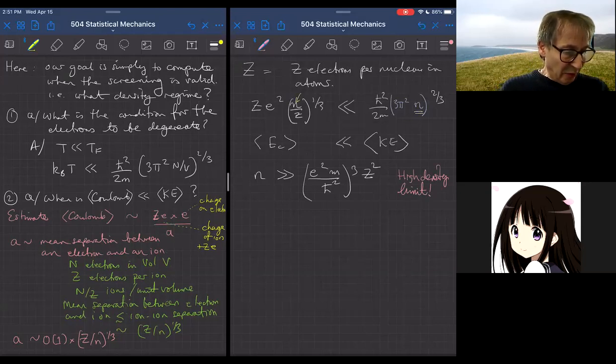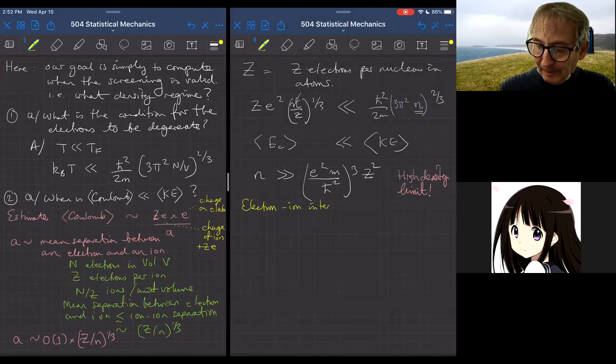And so what that says is that the electron-ion interactions are going to be small at high density.